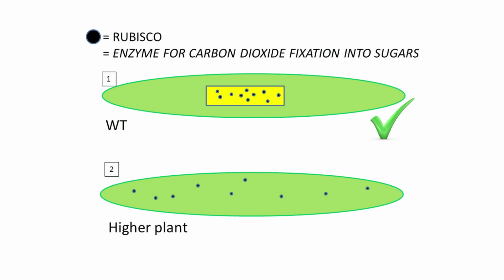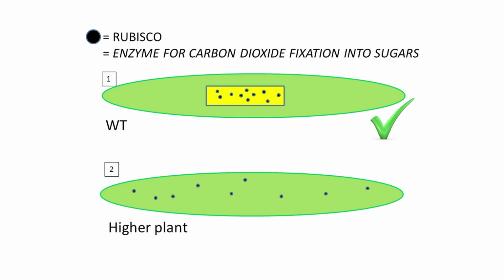Please look at these diagrams. They are simple models of algae. The black dots represent Rubisco, which is an enzyme for carbon dioxide fixation into sugar. And this yellow box is the pyrenoid. Which is more effective, 1 or 2? Number 1.